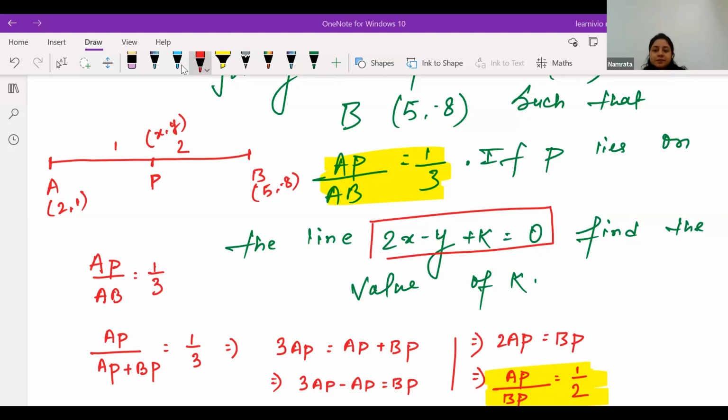Yeah, what are you getting? The coordinate of P? Yeah, Samina has already done it and she has got 3. Coordinate of P is 3, 2.